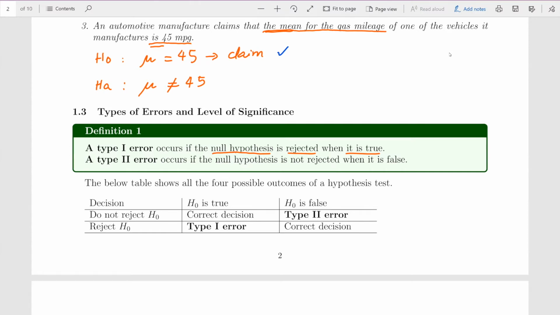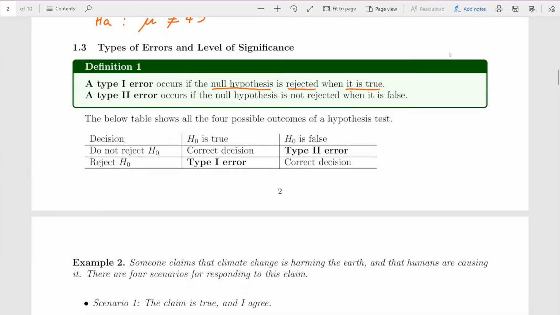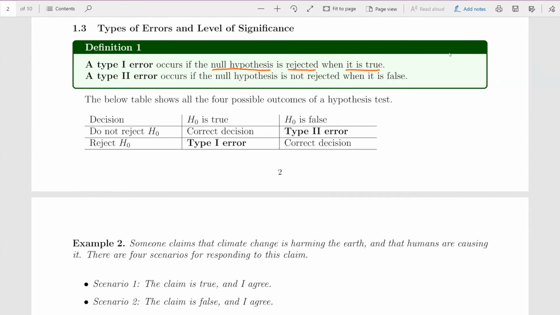Then after you conduct a hypothesis test and get the result from your sample, you reject this claim. As a result, you reject this null hypothesis. But in fact, this claim is true. So you reject the true null hypothesis. That is when you commit a type 1 error. Rejecting a true null hypothesis is a type 1 error.